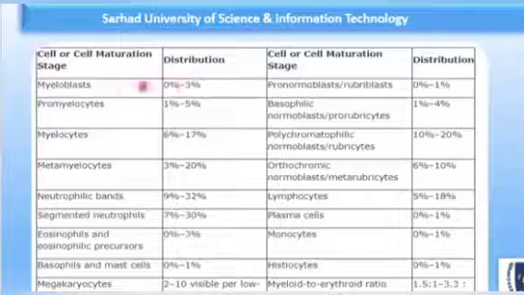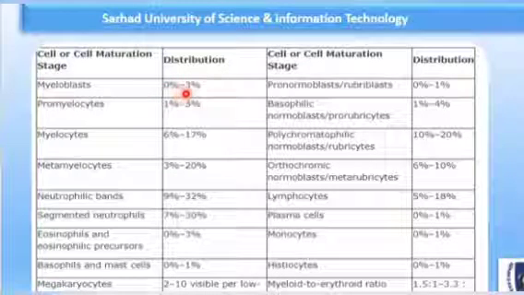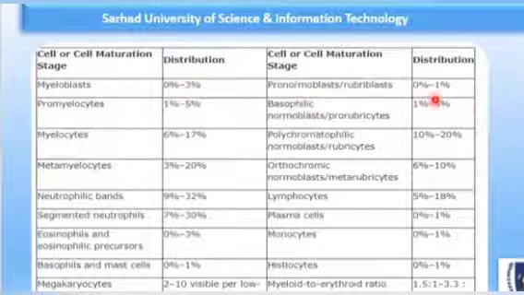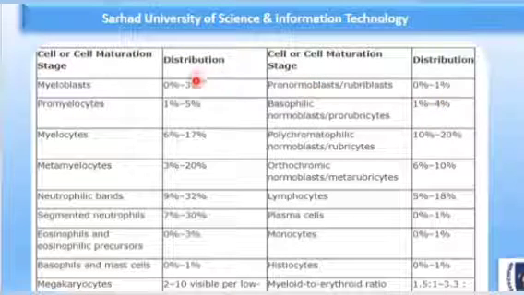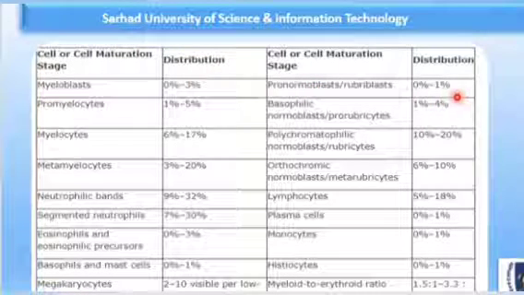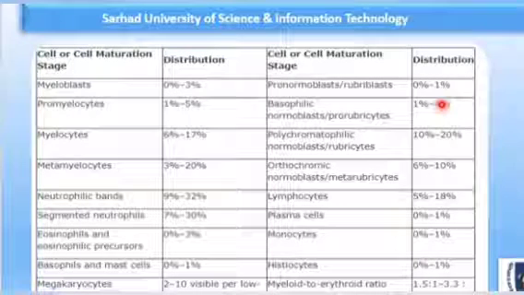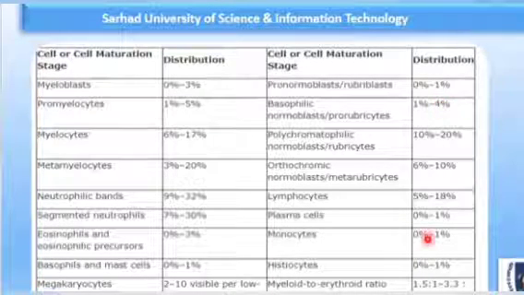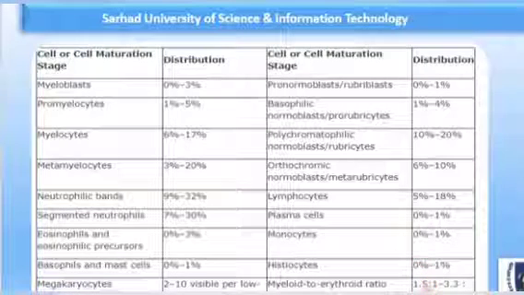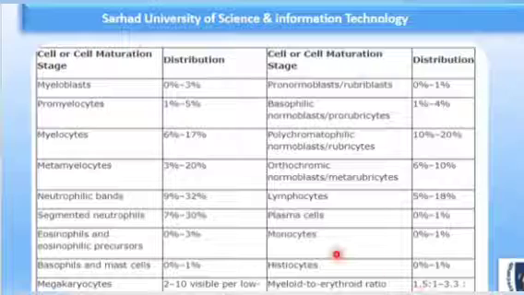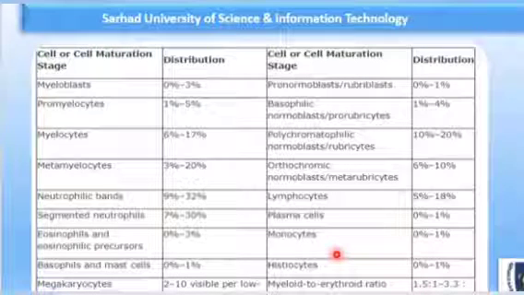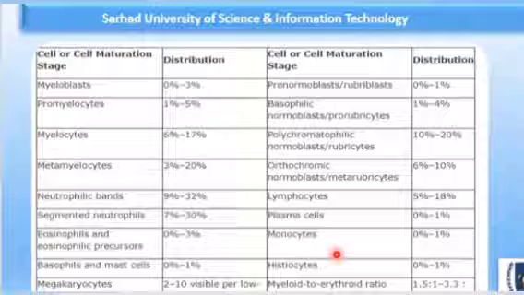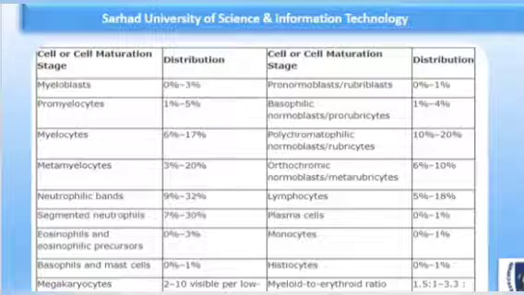If you are looking here, myeloid are 0 to 3% and pronormoblasts are 1%, so it becomes a ratio of 3 to 1. Myeloblasts are more than erythropoietic cells, so 1.5 to 1 up to 3.3 to 1. These are the normal values of all the cells which are present in the bone marrow.